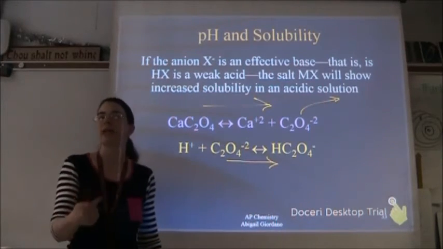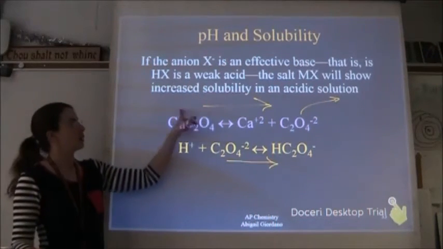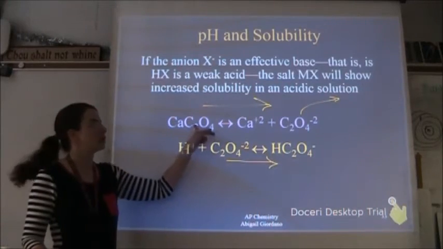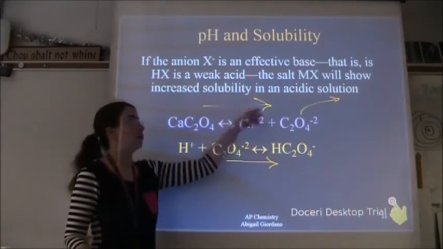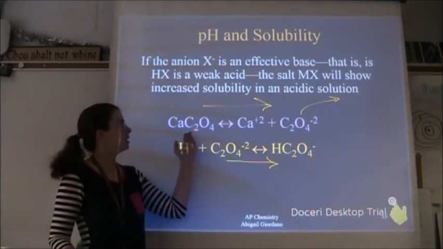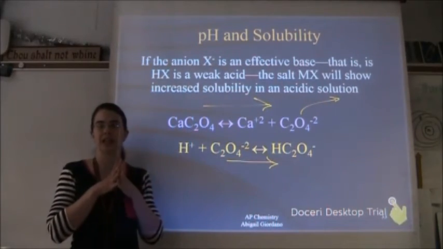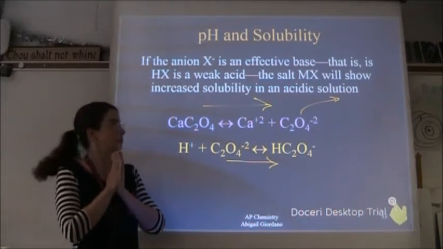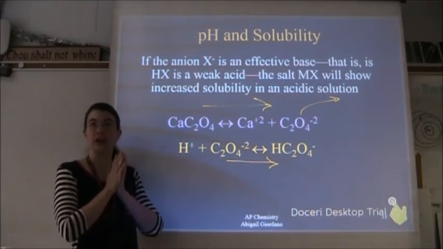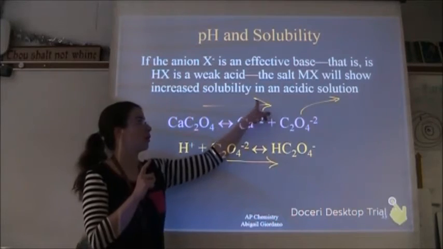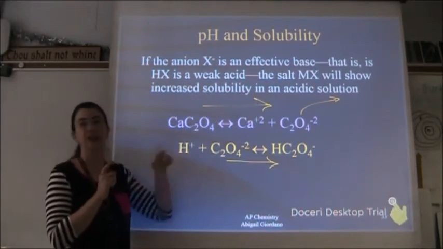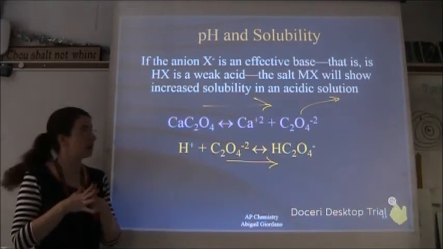Now what does that mean? The solid is going to break down more and more and more. Does this solid dissolve better or worse in an acidic environment? Better. This big arrow I've drawn here is the process of that salt dissolving.